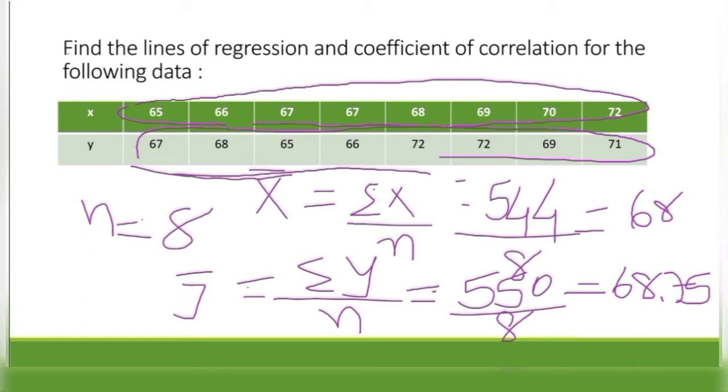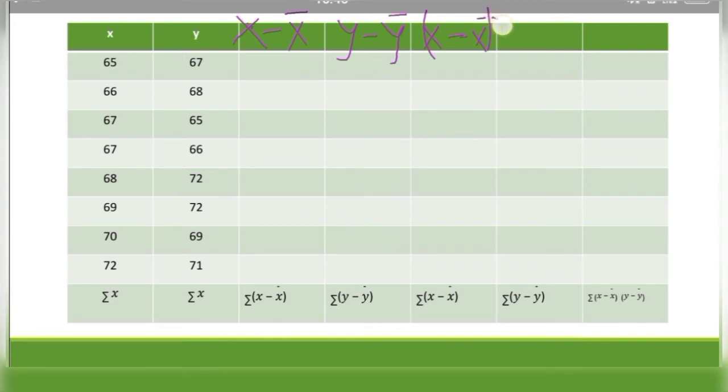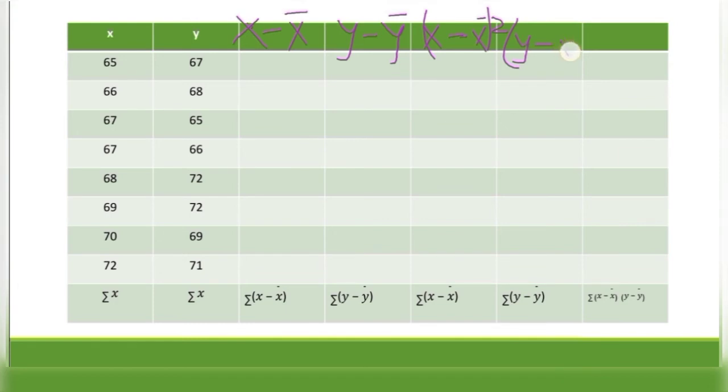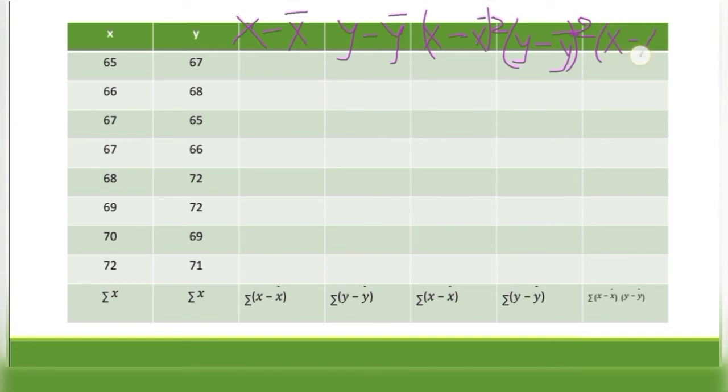Next step is to make a table. First column will be the values of x, in the second column the values of y, third column will be x minus x bar, then next column will be for y minus y bar, next column for x minus x bar whole square, the next column for y minus y bar whole square, and last column will be for x minus x bar into y minus y bar.